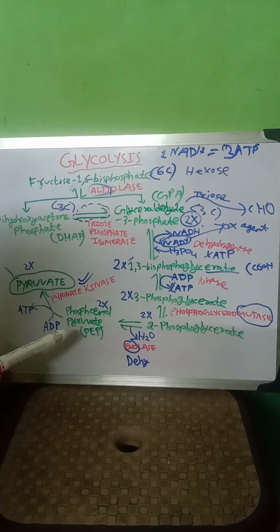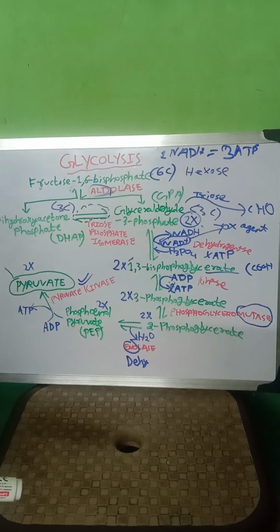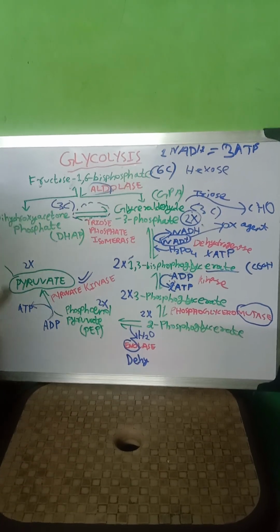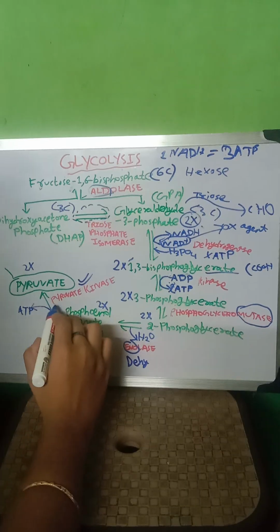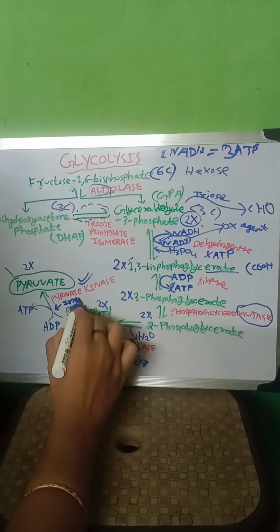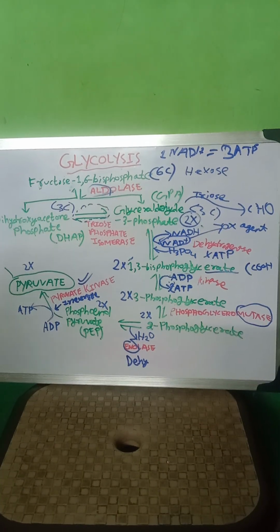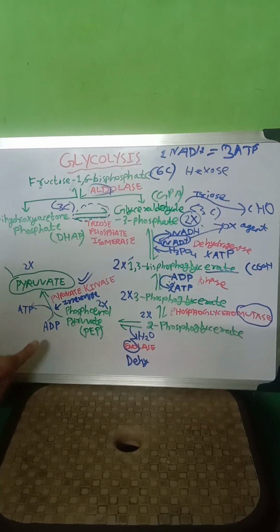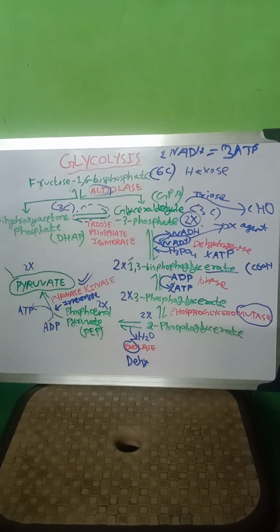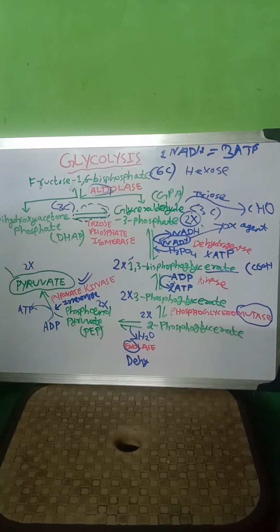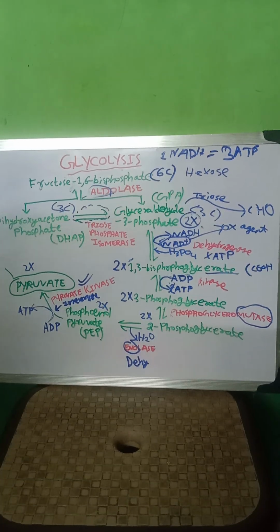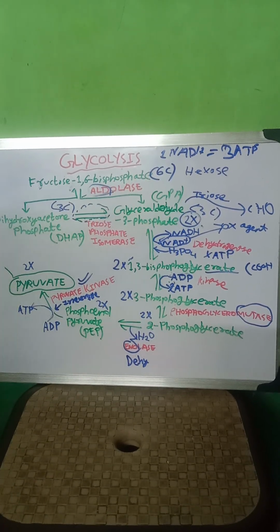From this PEP is the real story beginning, because from here pyruvate is formed. Like I said before, this is an irreversible step. In this step, we are getting so much energy that we are able to generate an ATP. Remember, we need a sufficient amount of energy to generate ATP, because one ATP releases a huge amount of energy, so to create it we also need a huge amount of energy.